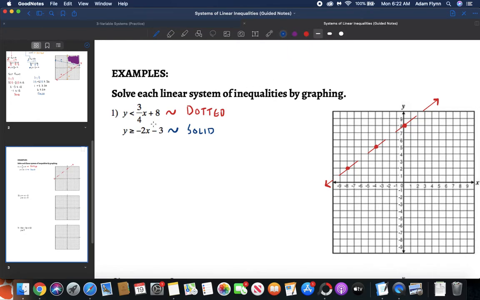My blue line is going to start at -3. And my slope is -2, so that means I'm going to go down 2 and right one, or I can go up 2 and left one.